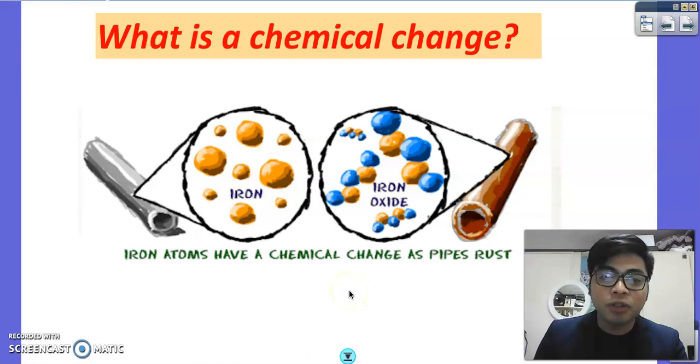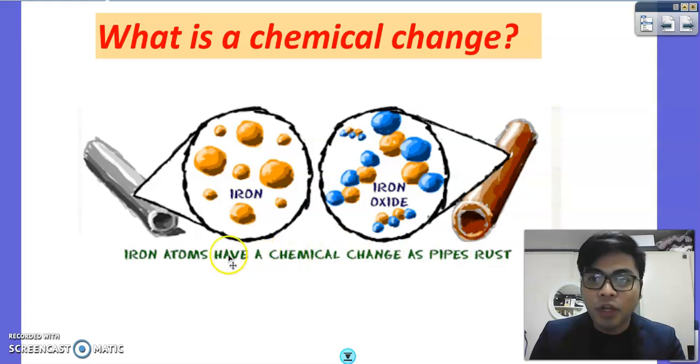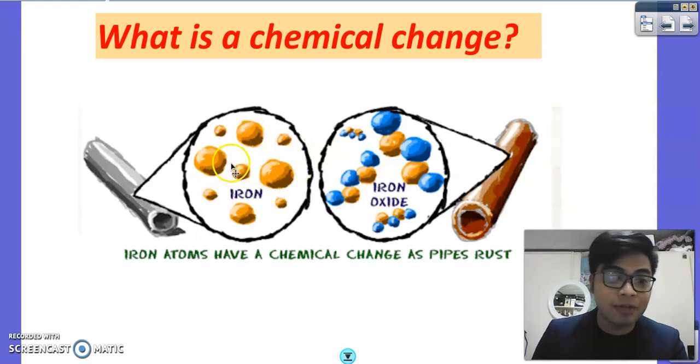So an example also here is rusting. Iron atoms have a chemical change as pipes rust. Pipes are like tubes where water passes through. So we have here the iron. Look at that, it's an orange atom right over here. It's an individual atom.